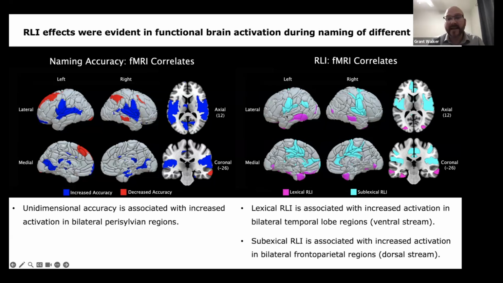And the idea is that in order to achieve the same level of accuracy, these folks have to activate these regions more than another region. So that's pretty exciting and interesting that we can see these brain network differences that line up with the sort of dual stream model that motivated this separation.